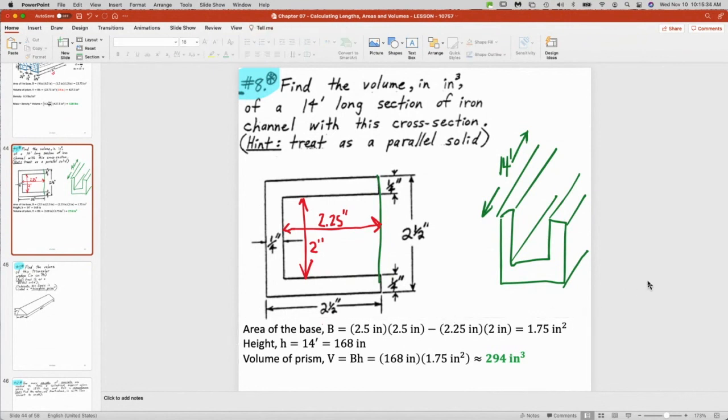So I'll give you just another 30 seconds to jot down any other information that you need, and then we'll do another question. I'm kind of bored of rectangles, as I imagine you're probably bored of rectangles now. So we're going to do another question that involves a triangular cross section, and then after that we'll shift our attention to different examples.